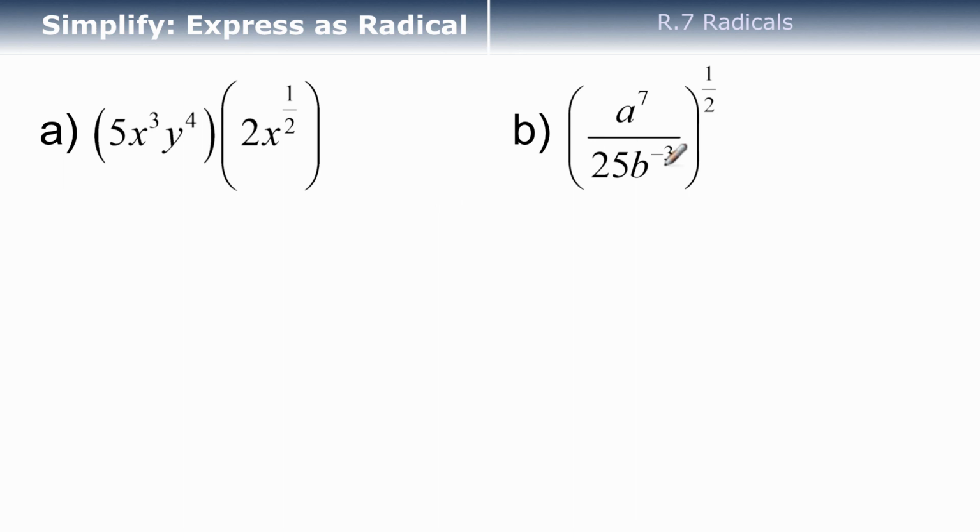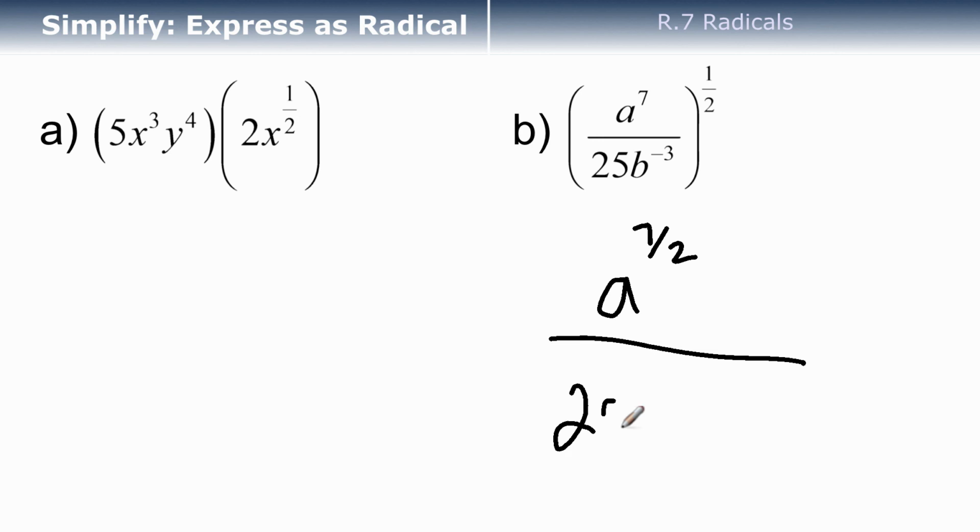Last thing I guess we could do here is, for this one, I could apply that 1/2 to each of those. So this a to the 7th would become a to the 7/2, over 25 to the 1/2, and then b, minus 3 times the 1/2 would be minus 3/2.